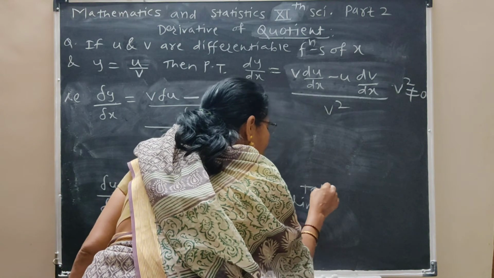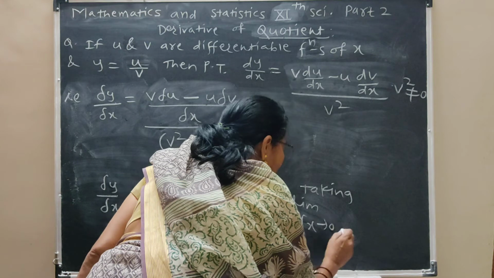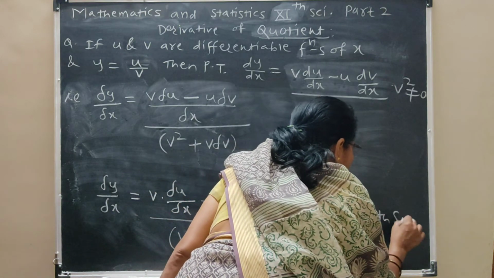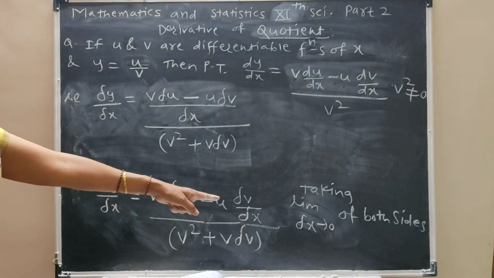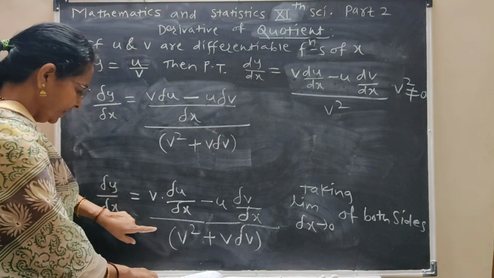Taking limit as delta x tends to 0 of both sides. So take limit of this step.